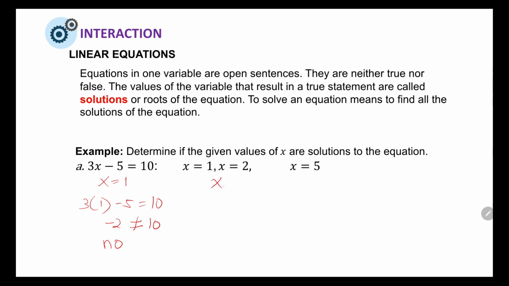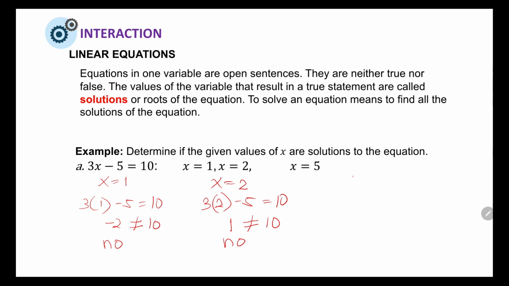How about for x equal to 2? For x equals 2, we have 3 times 2 minus 5 equals 10. 3 times 2 is 6, minus 5 is 1, which is also not equal to 10. So again, 2 is not a solution to the equation.